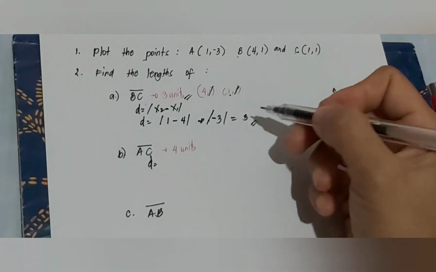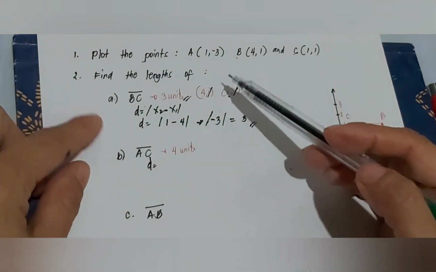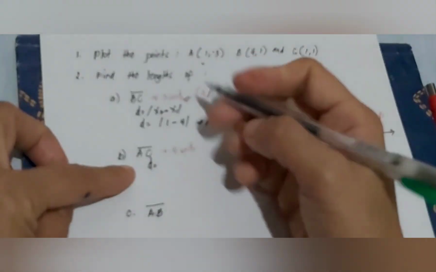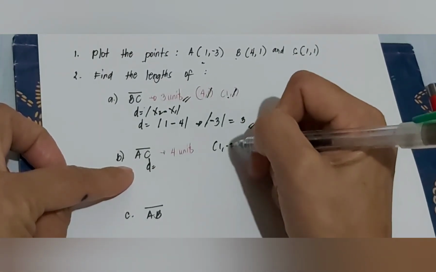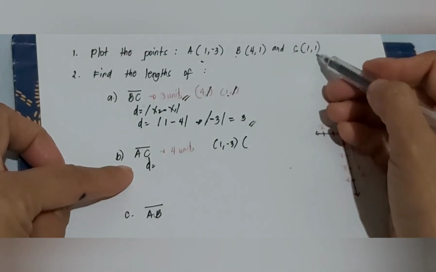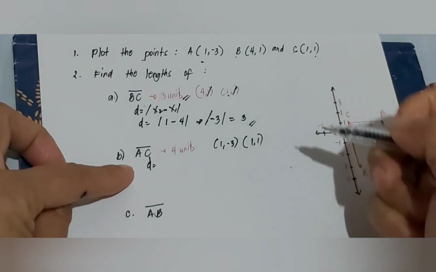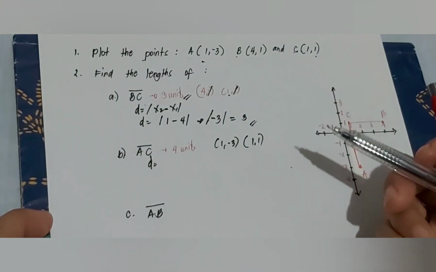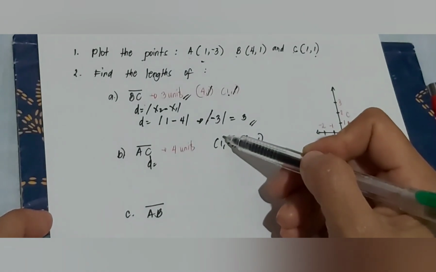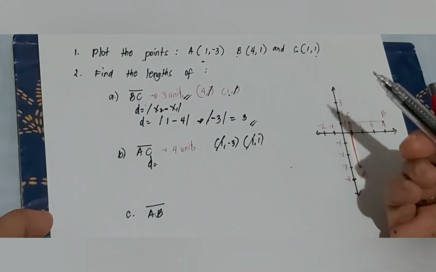Again, try natin gamitin yung ating formula na nagamit kanina. So, rewrite natin ang ating values, ang ating ordered pair, A and C. So, that's 1 and negative 3 and 1 and 1. So, anong pareho? Yung X. So, we have positive 1 and positive 1 here.